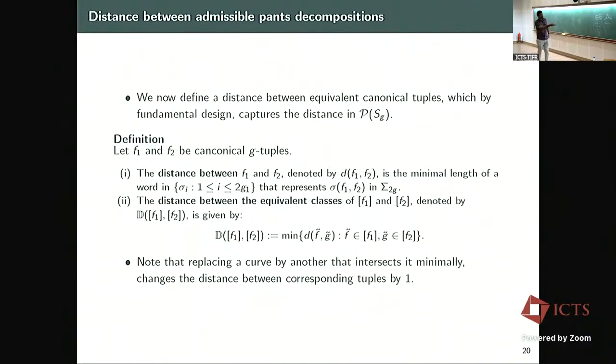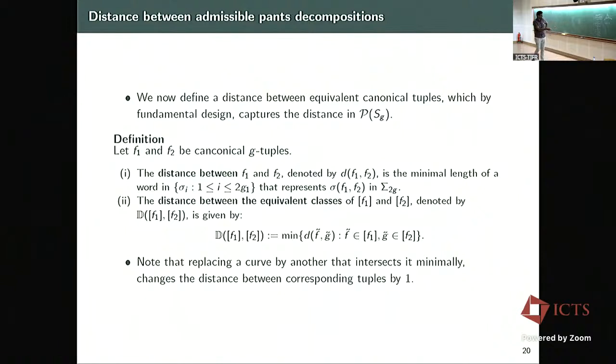So the distance between equivalence classes will be denoted by D, and this is just the minimum of the distance, taking all representatives of the class, right? Now, this completely encodes the Pan's graph distance. As you can see, replacing a curve by another that intersects it minimally changes the distance between the corresponding tuples by 1.